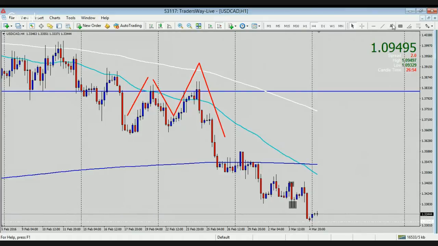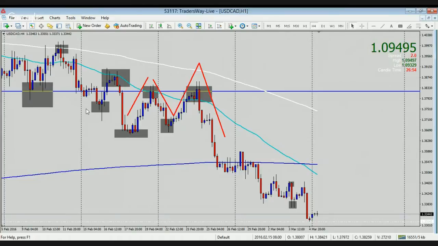All right. So look over here. Peak formation. Peak formation. Peak formation. Peak. Sure you guys are getting the idea now. Okay. Draw horizontal lines on all of them.